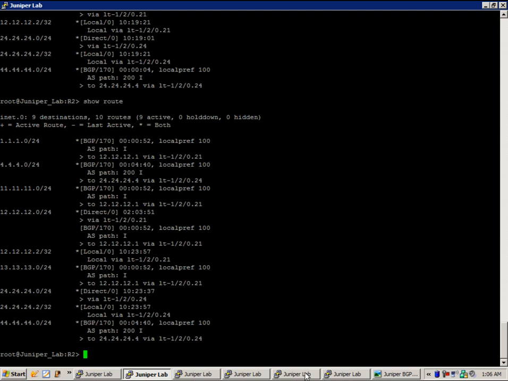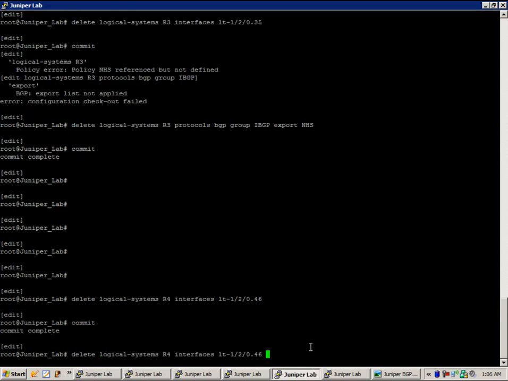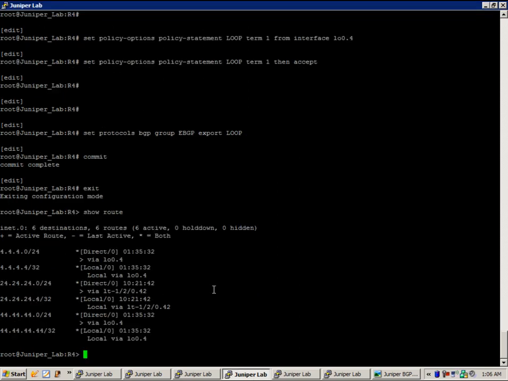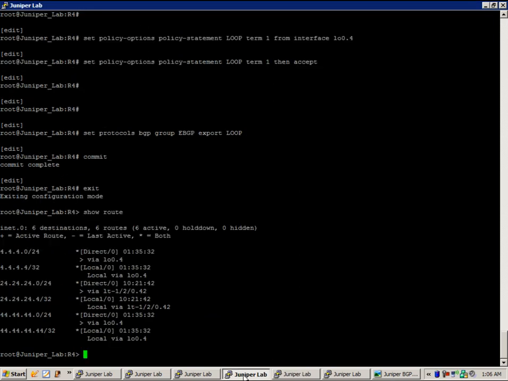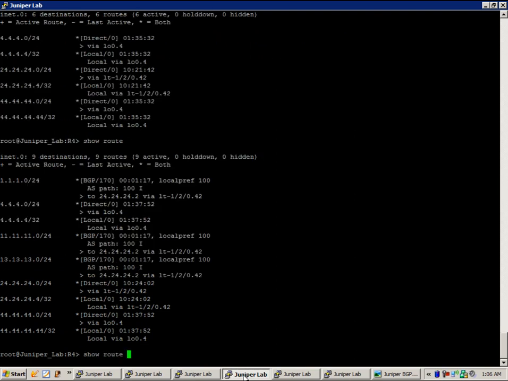If we go to router 4, we have the 11 network and the 13 network.